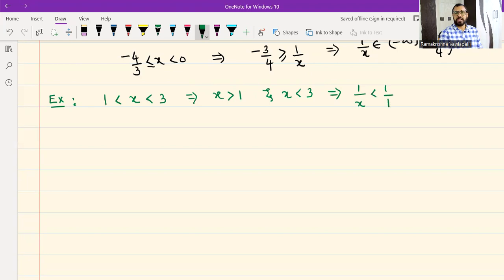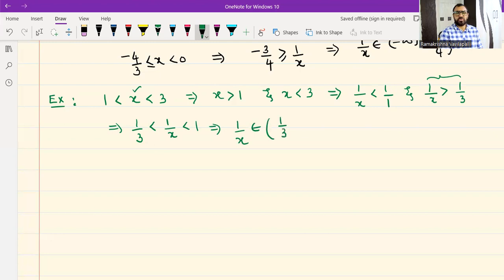Since x is positive, 1 by x less than 1 by 1, and 1 by x is greater than 1 by 3. So 1 by 3 is less than 1 by x is less than 1. So the reciprocal of this variable x belongs to 1 by 3 to 1.